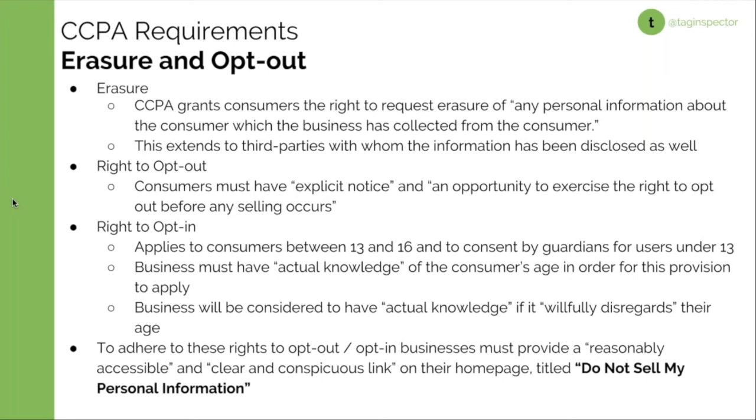There's also a right to opt in for younger users on the website, so the requirement to collect that information in the first place is a little more stringent. And there are some specifics outlined within the law for what the button needs to say in order to allow people to opt out in cases in which you're selling personal information.